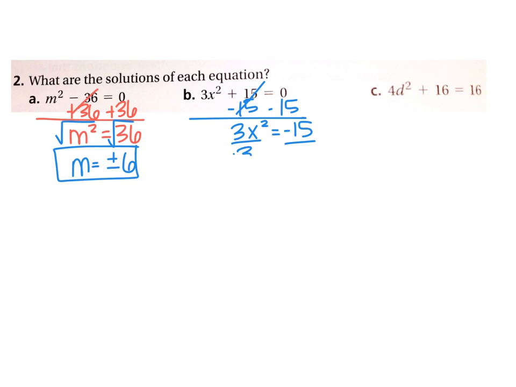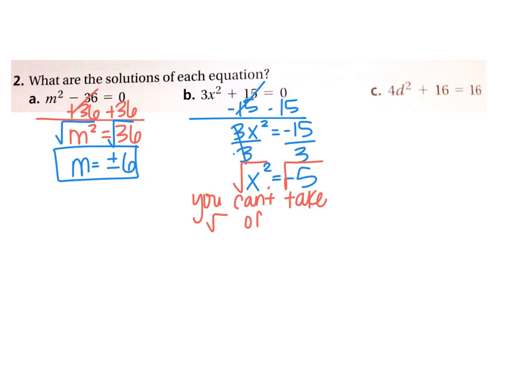Divide both sides by 3, and I get x squared equals negative 5. Take the square root of both sides, but we run into a problem because you can't take the square root of a negative number. So that means that this has no solution.